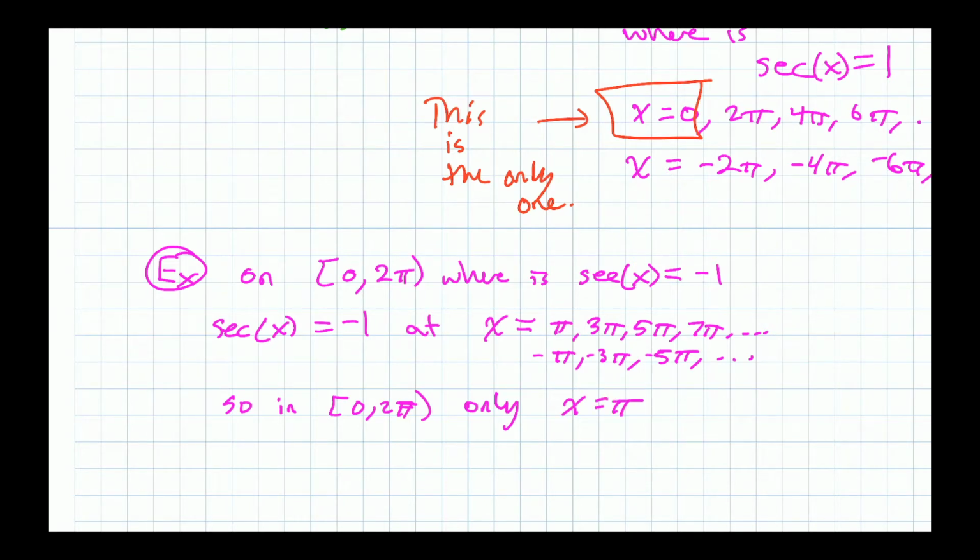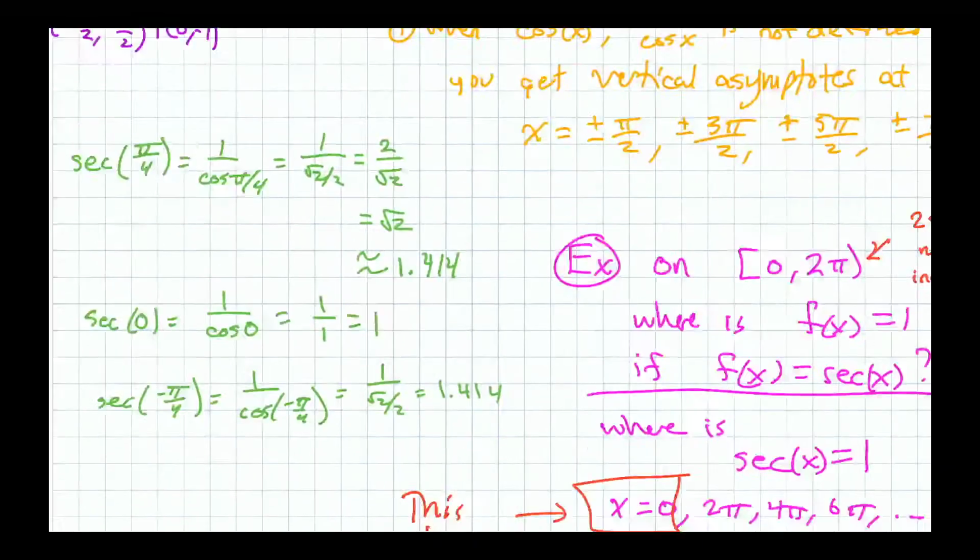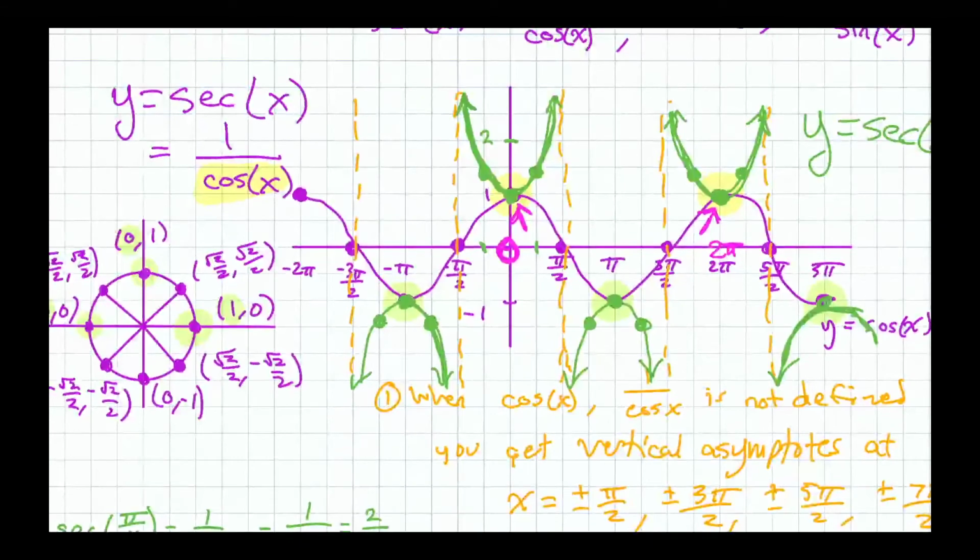Only x equals pi. That's the only one in there. So there's only one of them. And so you just need to graph it and then look at the graph. You can use Desmos or you can just use this graph. I mean, this graph's hard to read, but that's the kind of thing that can do that.